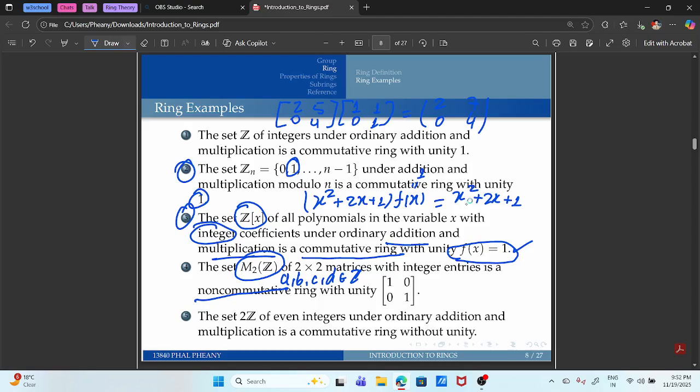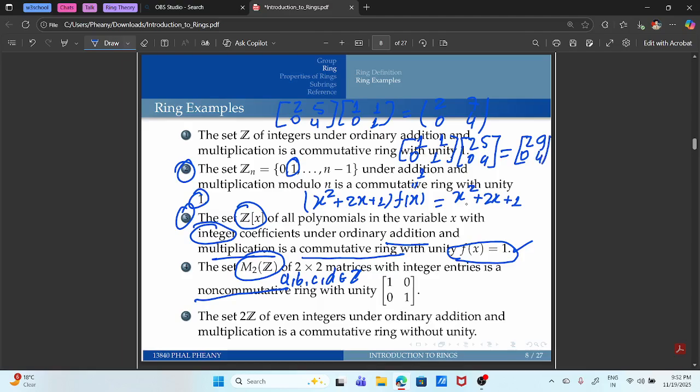How about we change, we put [1 0; 1 1] multiplied with [2 5; 0 4]. Will the result be the same? Yes, we multiply it. This is 1 and 5. 5 plus 4 is 9, and this is 0, this is 4.